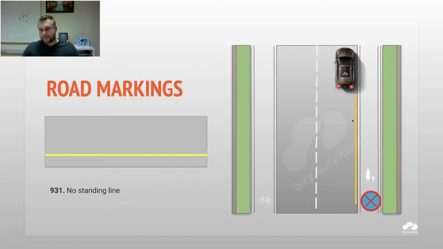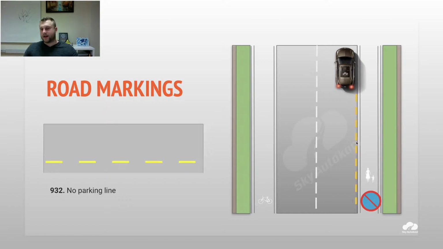Sometimes we also have yellow markings like this. So no standing line. So no parking, no standing. Even if you don't have a sign like this, but you just have a road marking, you still have to follow this rule. No parking, no standing.